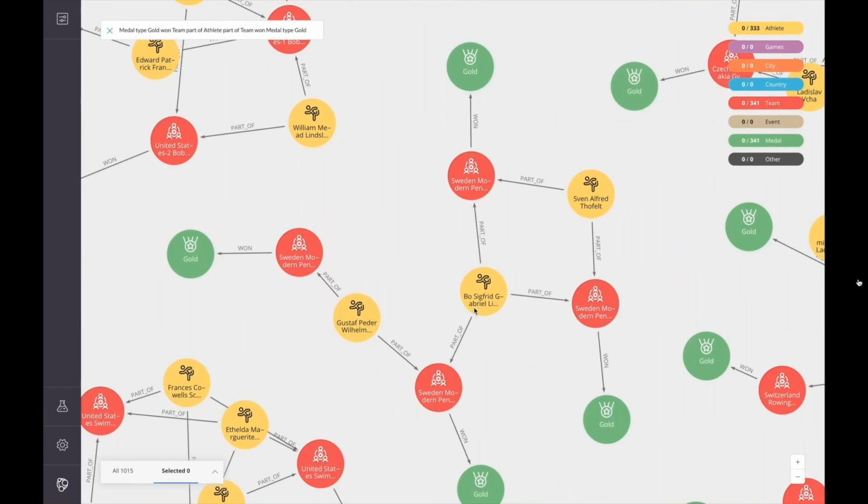So I hope that some of these examples were a good illustration of what you might want to conduct on your graph database. It is obviously not just restricted to sports analysis.